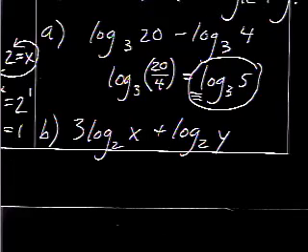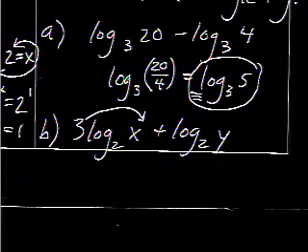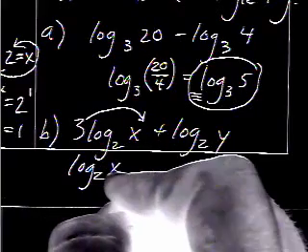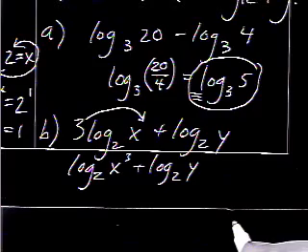All right, so let's do the next example. There's going to be two steps in this one. First, we're going to use the property of moving it because we like to. That's right. So log base 2 of x cubed plus log base 2 of y.